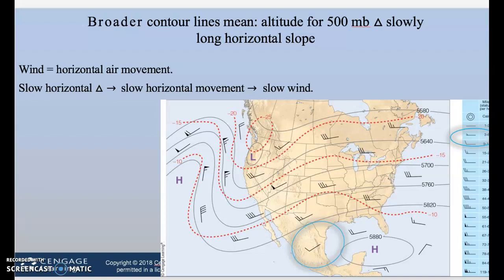What you're saying is that 500 millibars of pressure is at 5,880 meters off of Cuba or so, and that 500 millibars of pressure is lower around Louisiana and Texas. So the same altitude at 5,880 meters in Louisiana, Texas, probably has lower pressure of 450, 400, and you are actually working on a horizontal pressure gradient force along that altitude of 5,880. Again, review this if you need to. It's covered more in depth in my other videos.